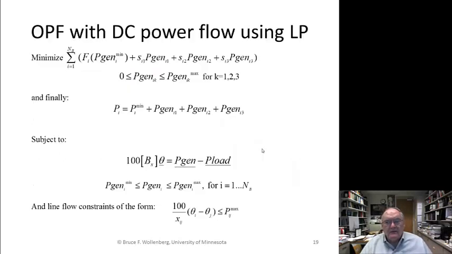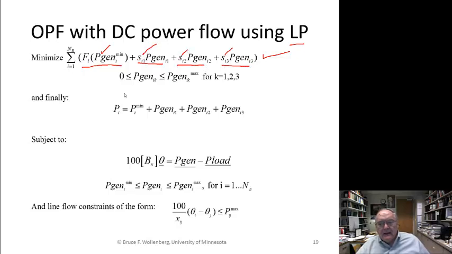Here's OPF with DC power flow using LP. If you remember in the economic dispatch chapter, we said I can break this function up as you take the minimum and then you add a series of segments, where these are the slopes of the segments, and each segment has a limit from 0 to some max.